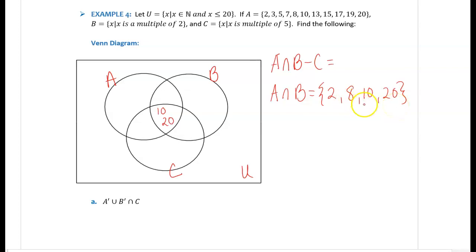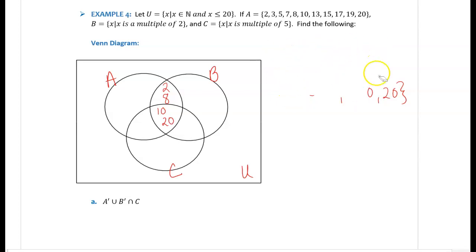We already know that the elements 10 and 20 are in set C, so I must take those out. What's remaining would be elements 2 and 8 that are in the intersection of A and B, but not in set C.